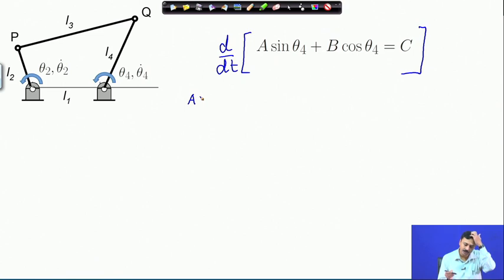remember A is a function of theta 2. So, A also is a variable quantity.